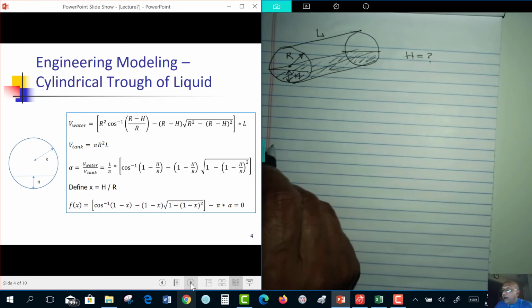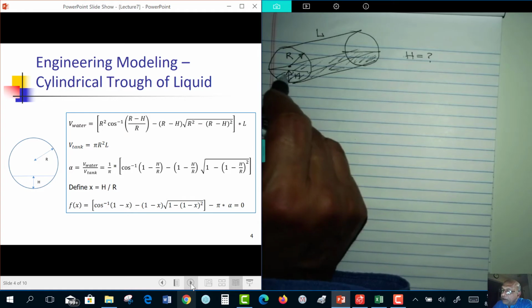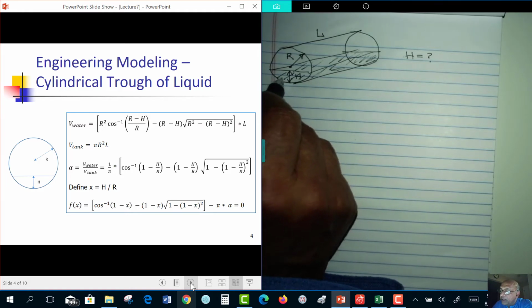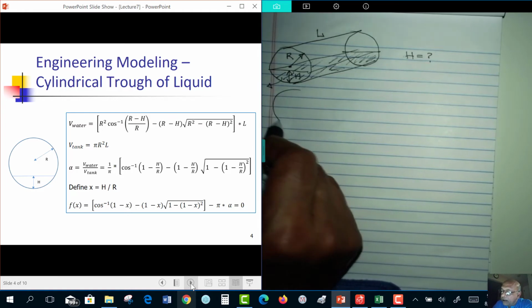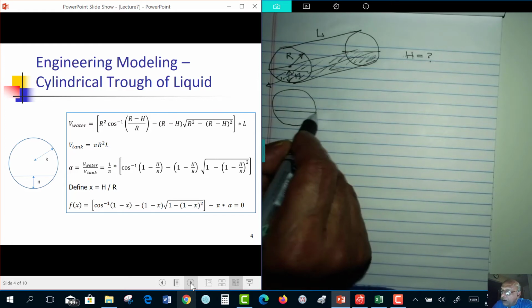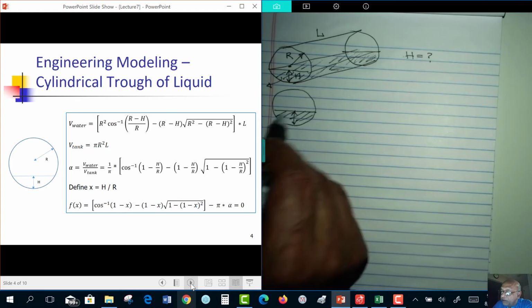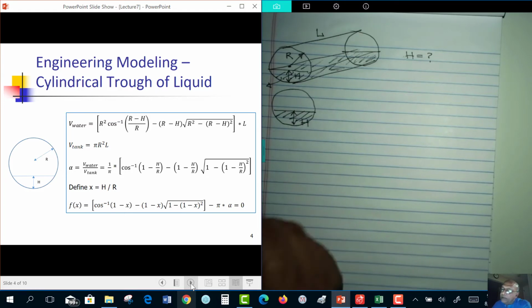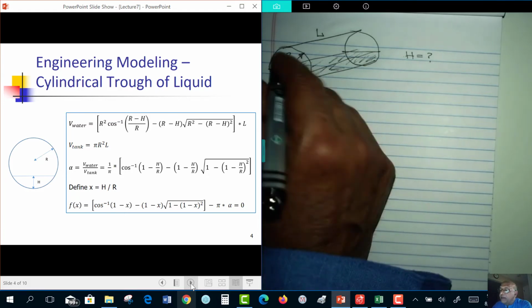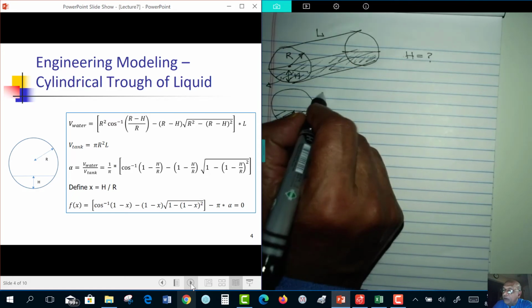So we start modeling it. We say, well, to find the volume of the water, we can find what is this area of the circle, part of the circle, and multiply it by length. This will give us volume of water.